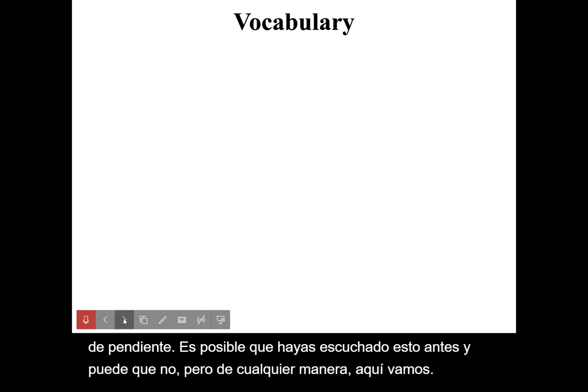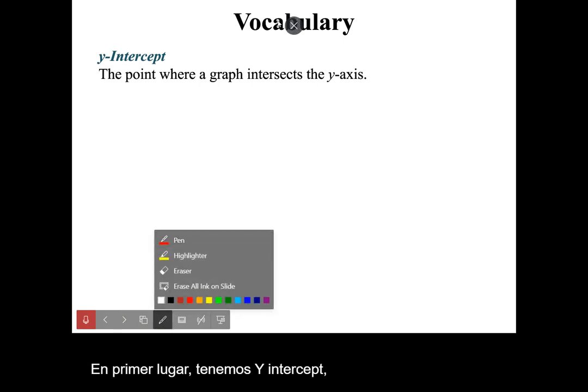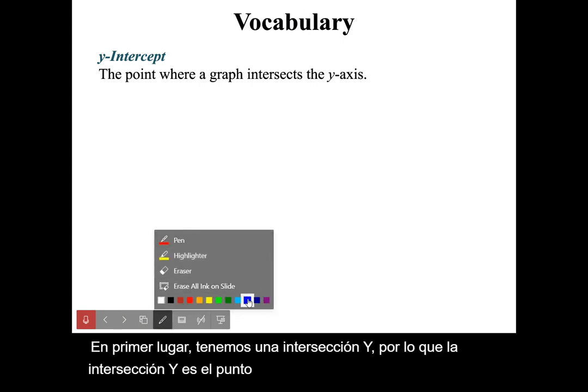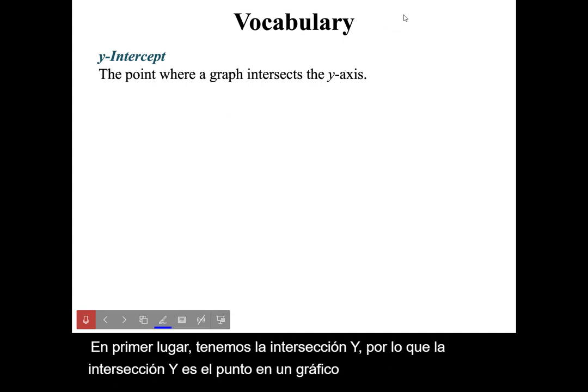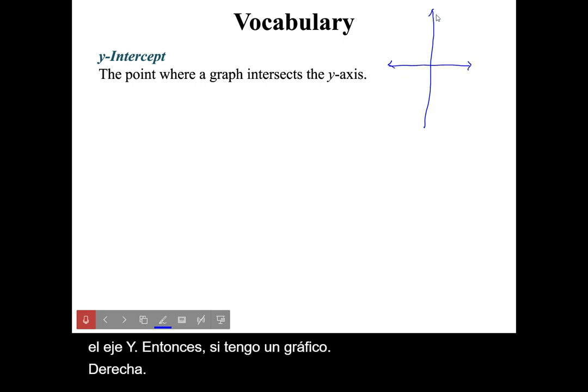We have some vocabulary to begin with. First off, we have y-intercept. So y-intercept is the point on a graph where the line intersects the y-axis. So if I have a graph, I have my x-axis and I have my y-axis.